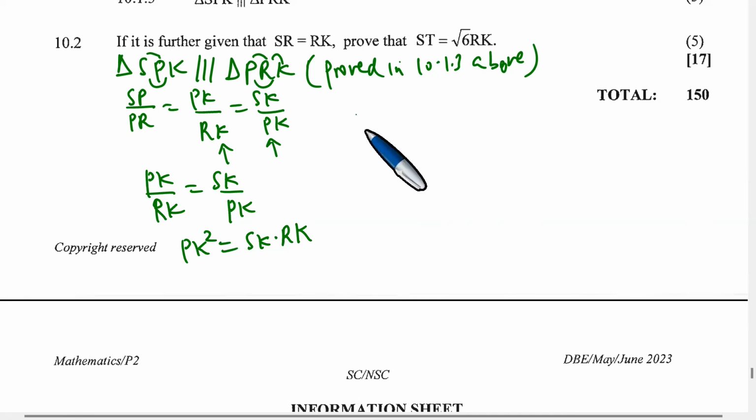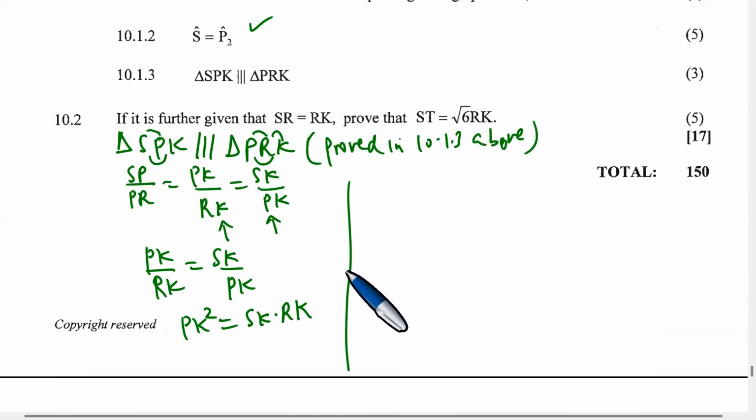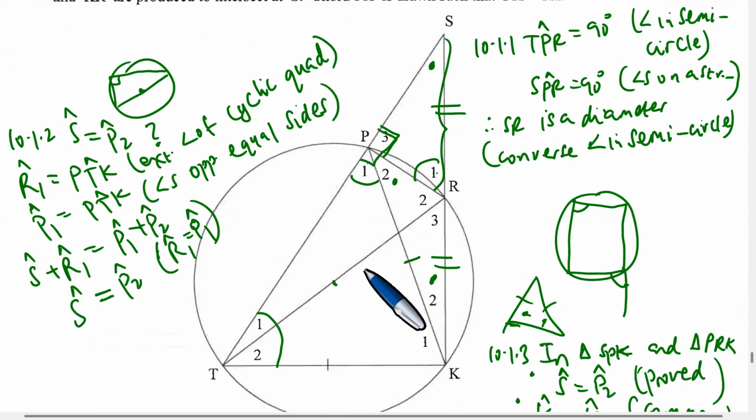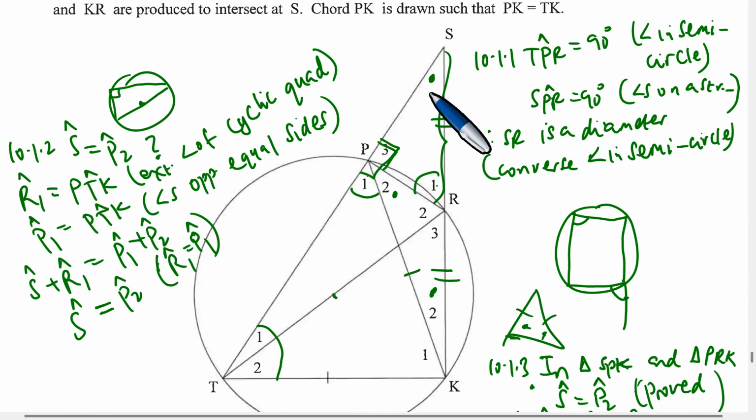Okay, we continue now to the left of this. If you look very carefully at ST squared, ST squared is equal to SK squared plus TK squared.